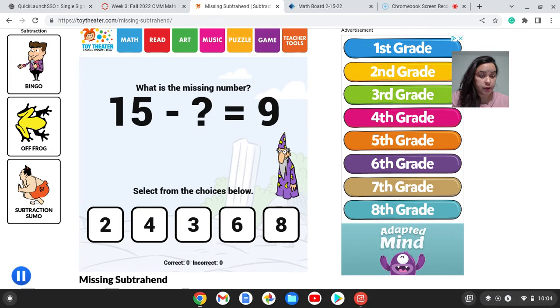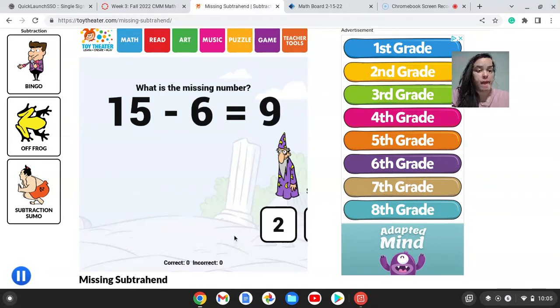And then I would also tell them that if they wanted another way just to see if they got the correct answer, they can take the 6 plus the number at the end of the equation, 9, and see if that is actually equal to 15. So I would say 9 plus 6 is equal to 15, and so they would know that they got the correct answer. So we would click 6.